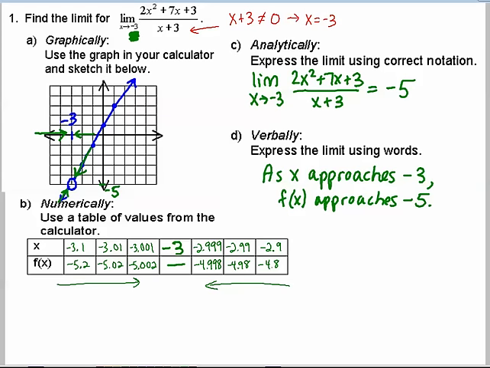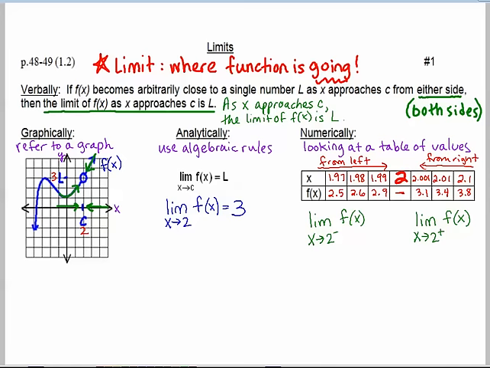In the previous example, we found the limit as x approaches negative 3 is negative 5. However, f of negative 3, the function value at negative 3, does not exist. Same deal with that picture example here. In this picture, I called this f of c, or rather we called it 2, f of 2 does not exist.